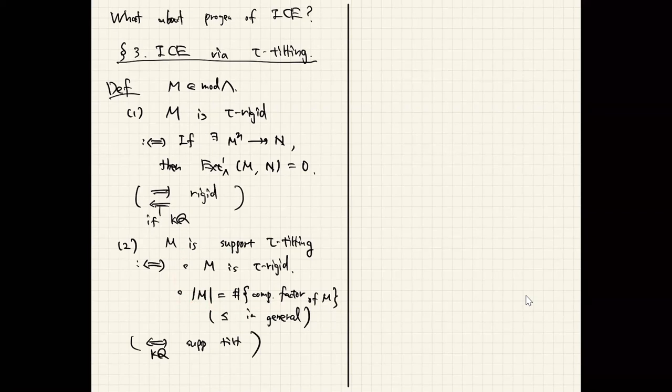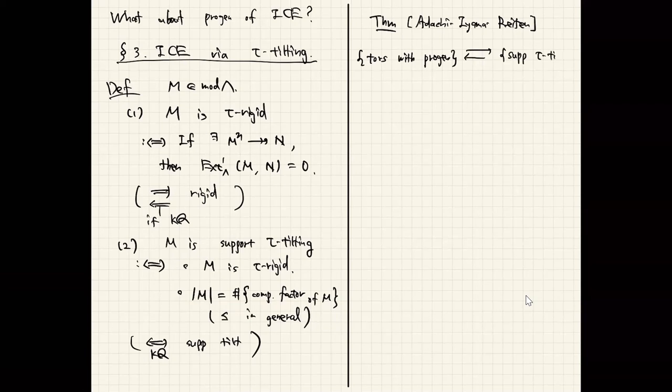Then Adachi and Iyama and Reiten established a bijection between torsion classes with progenerators and support tau tilting modules.